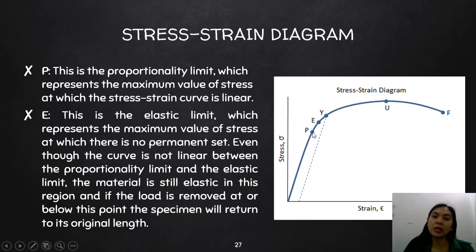So, you have your proportionality limit, the end of the linearity, and you have your elastic limit, the maximum value that the material can handle and still return to its original shape or original length.